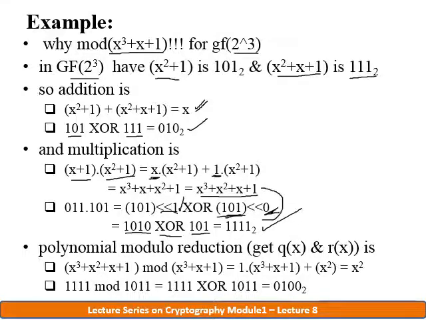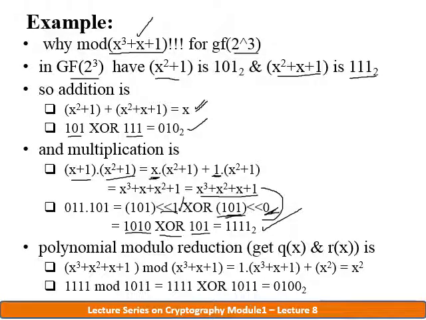This is one way. Another way: with the help of an irreducible polynomial, how can I compute it? That is the next concept for the multiplication. Here it is mentioned as polynomial modulo reduction.